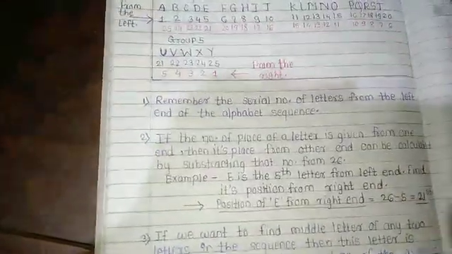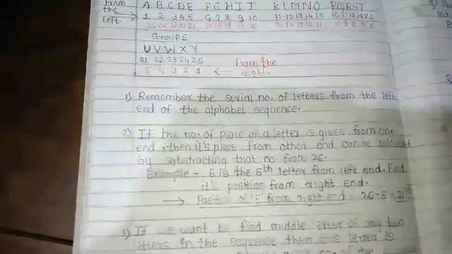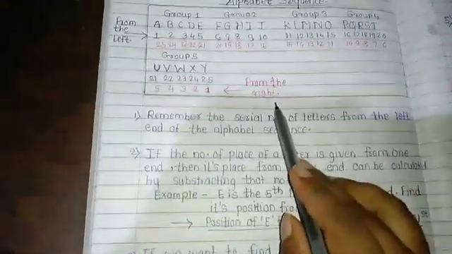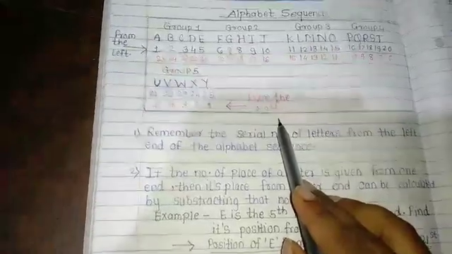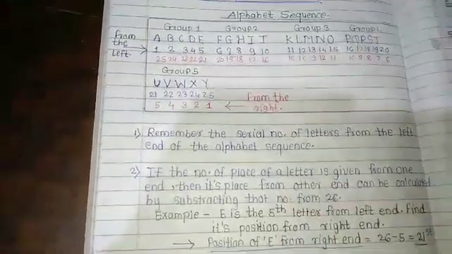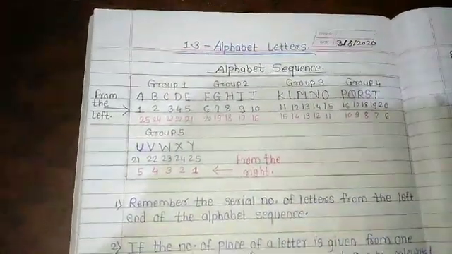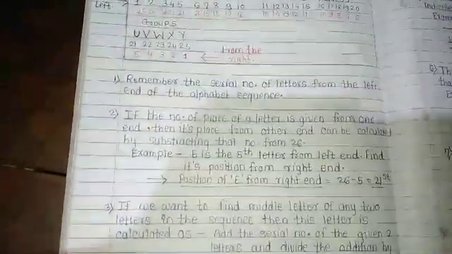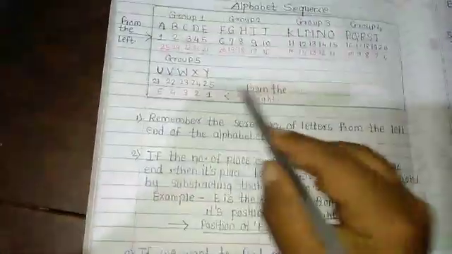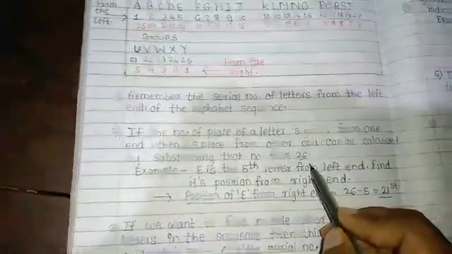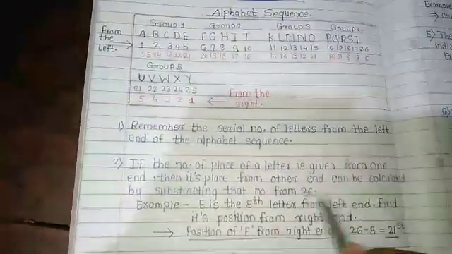If the serial number of any letter is given in the question from one end, either left or right, and they ask you to count the position from the other side, then we subtract the position of that letter from 26, because the total number of letters in the alphabet series is 26.